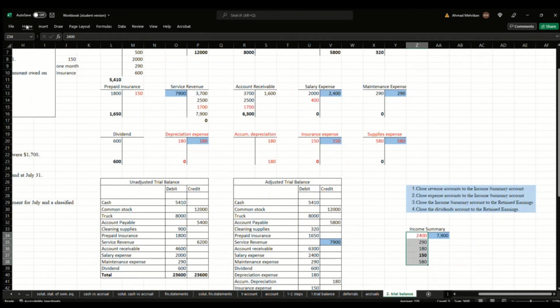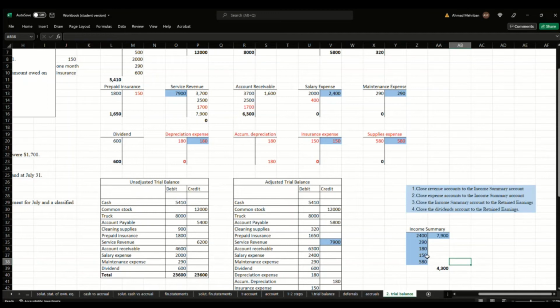Again, I'll just work out the formatting because it's really interesting to see it. And now I can balance it out. The balance on the income summary will be 7,900 minus all of these accounts, all of the debit side. Yeah, so 4,300 is my balance for the income summary.